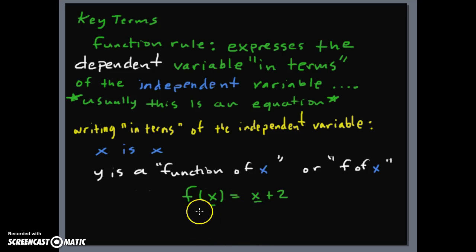This is just our input. This is our output. So f of x is our output, and that might be an important thing to write down, that f of x represents our output. So this entire thing is our output, and then our input is what we put into the function for x. And you'll see that as we go through these examples today.